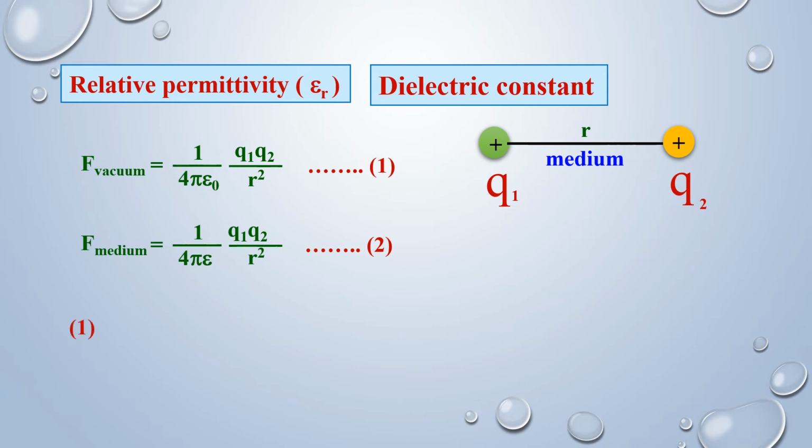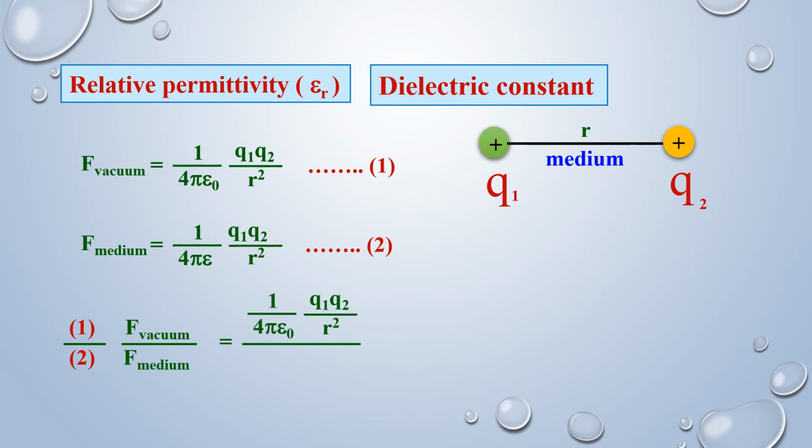And now if you divide equation 1 by equation 2, I should be getting force in air or vacuum divided by the force in the medium, which should give you the right hand sides divided with respect to each other, where I get the following equation. And if you simplify it further, you can get rid of all the terms that can be cancelled.